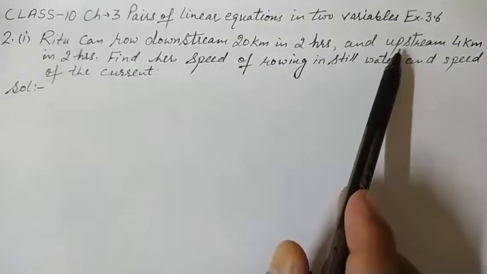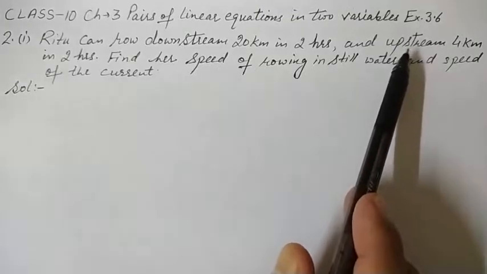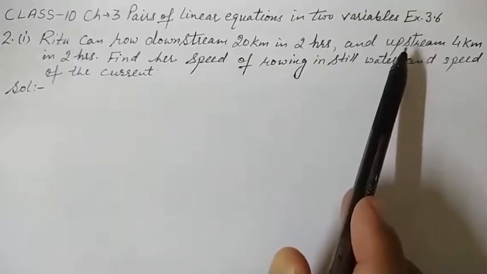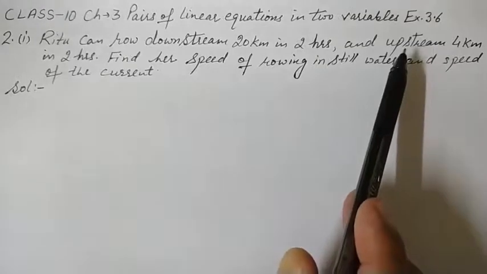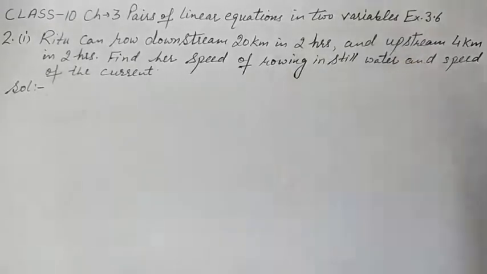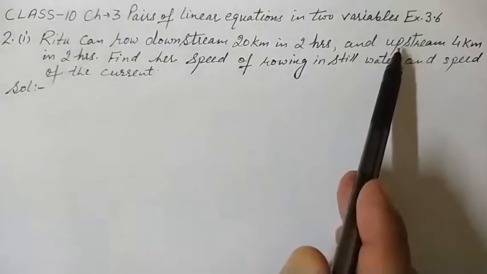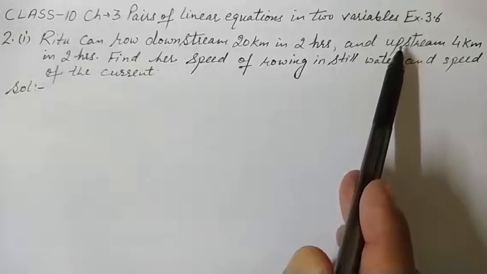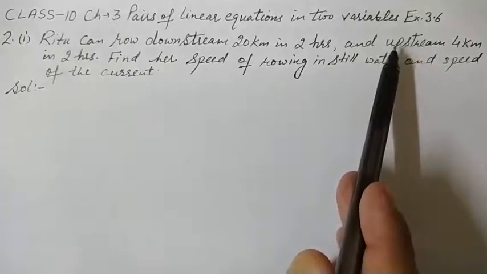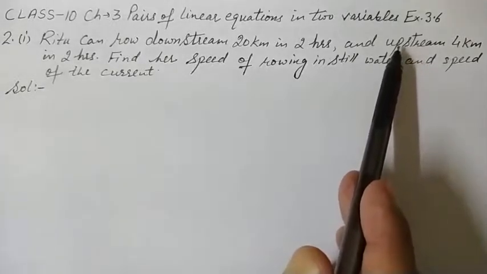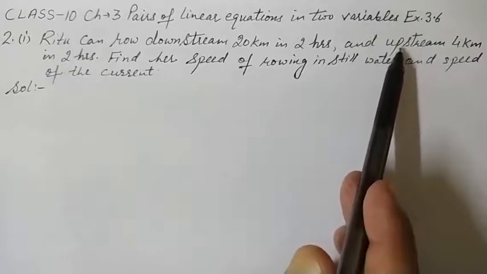In upstream, the speed of the boat and the speed of the water get subtracted, meaning the speed of the water is subtracted from the speed of the boat. So we get a very low speed in case of upstream.